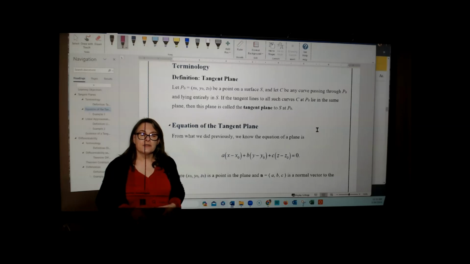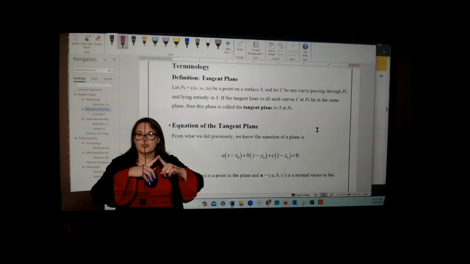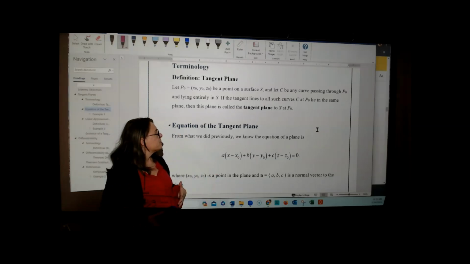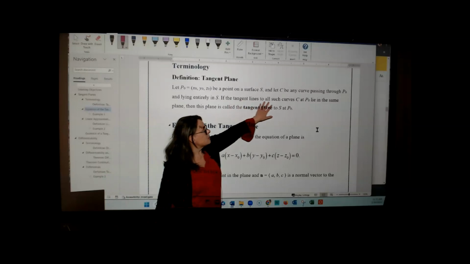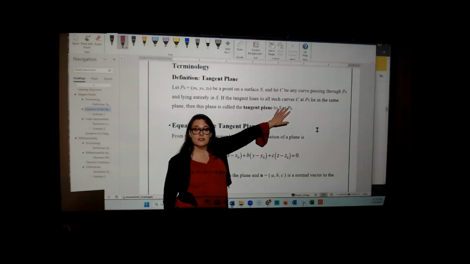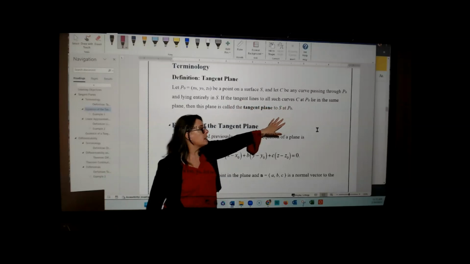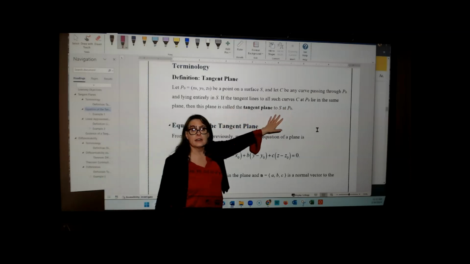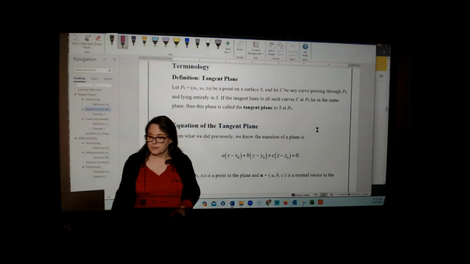So you can imagine if you had a surface that came up to a sharp corner, you're not going to be able to get a unique tangent plane because it will, well, wobble in all directions around that pointy part, if you will. So if the tangent lines to all the curves in the surface that go through the point P do lie in the same plane, then that plane is called the tangent plane.